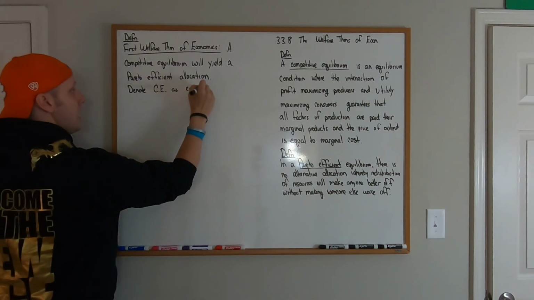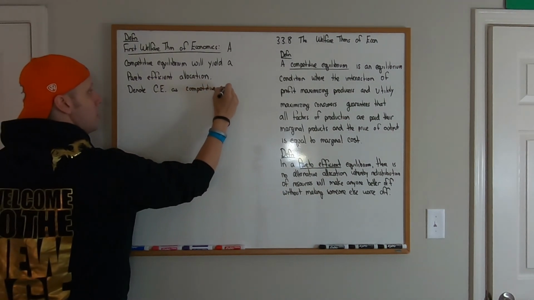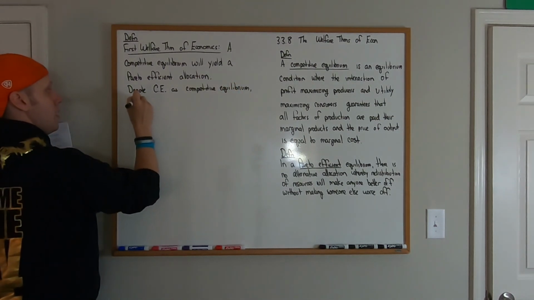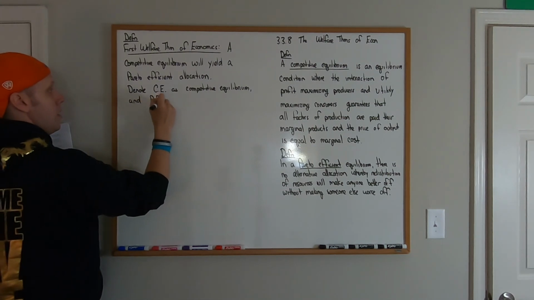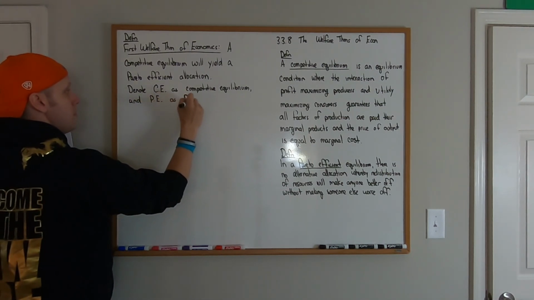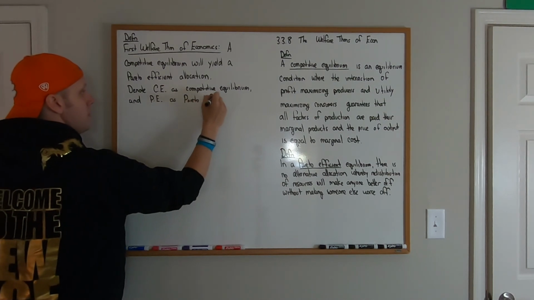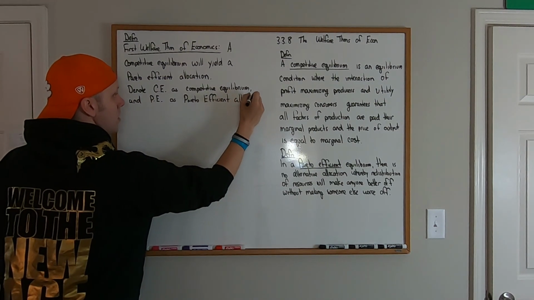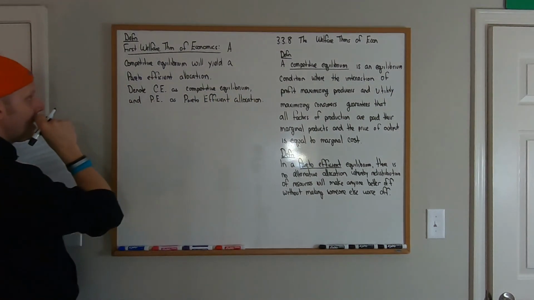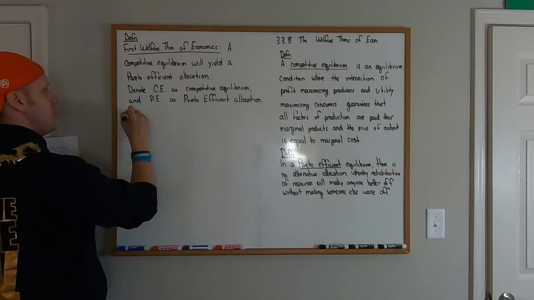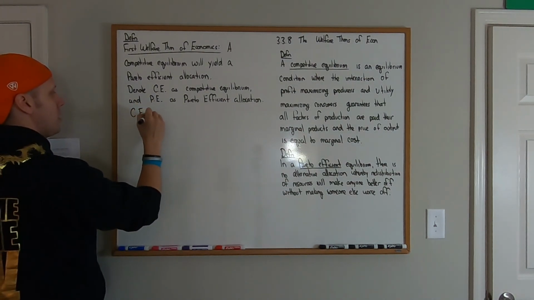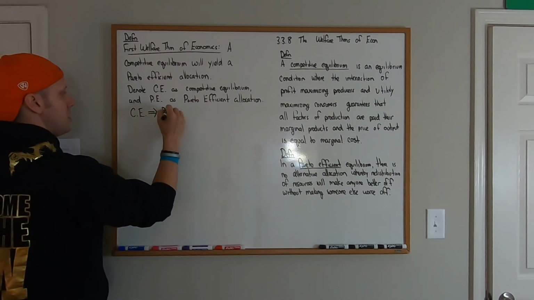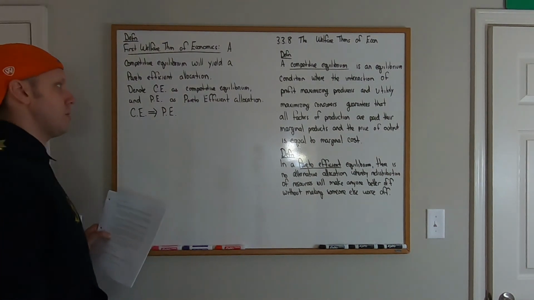So we'll call CE a competitive equilibrium. And we'll call PE a Pareto efficient allocation. What this says is that if we can achieve a competitive equilibrium, that will imply the existence of a Pareto efficient allocation of resources.